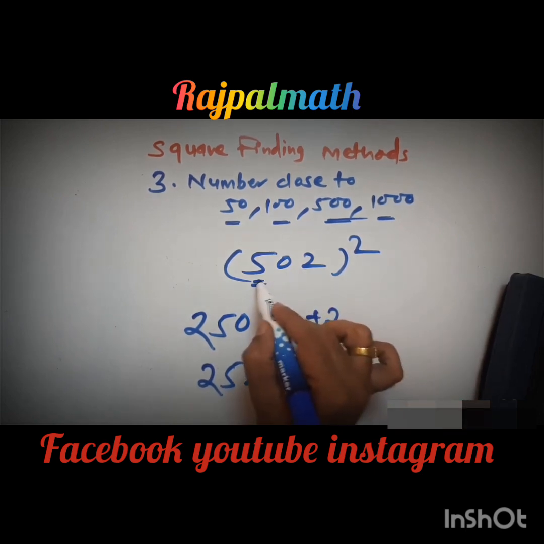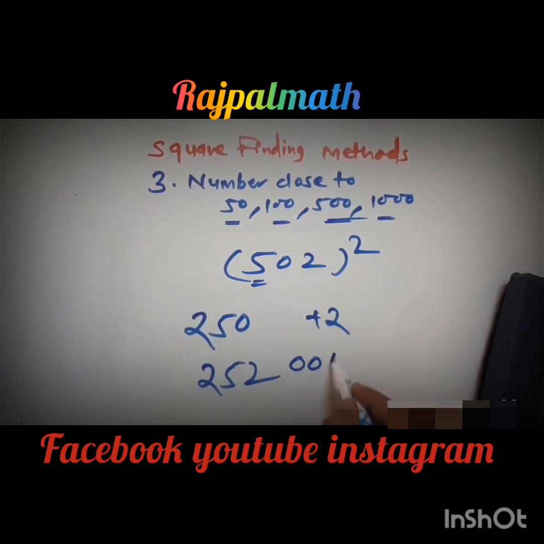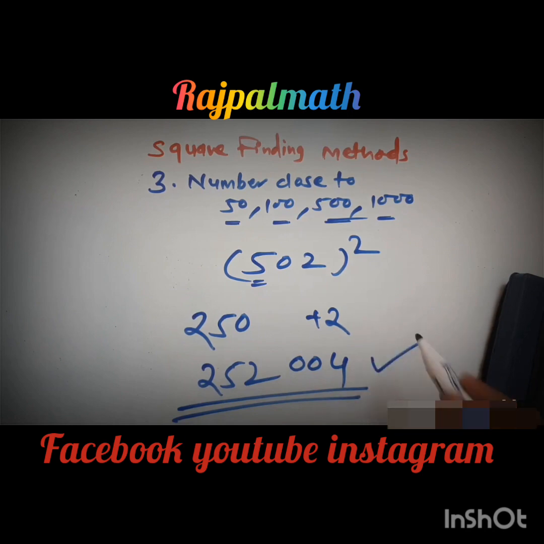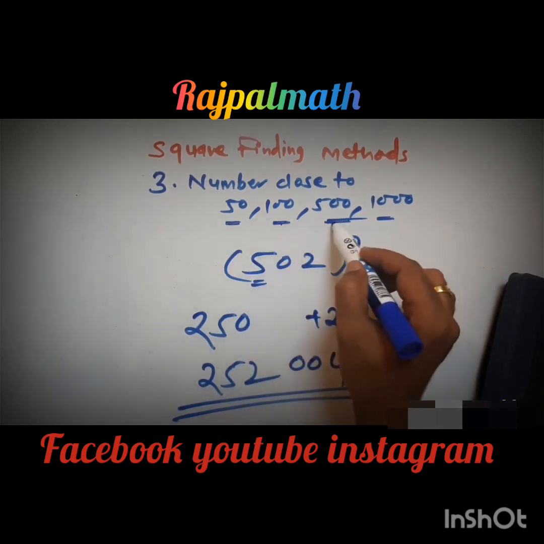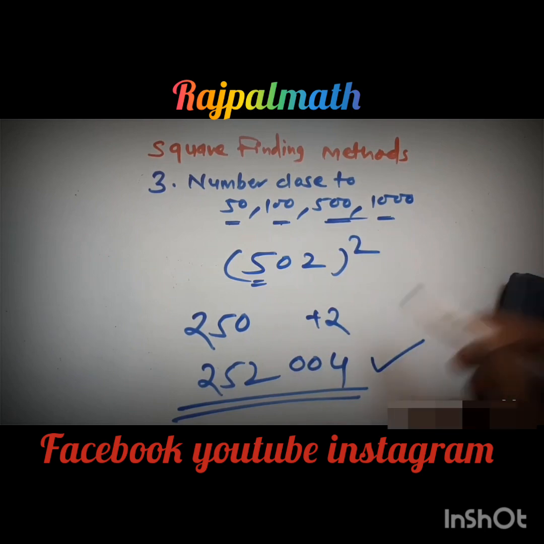Since I'm finding the square of a 3-digit number, I will write it 004. So 252004 is my answer. The same applies for 1000 as well. So with this method, any number which is close to 50, 100, 500, 1000, you can find the answer in less than 3 seconds. This is the fastest method to find the square of any number.